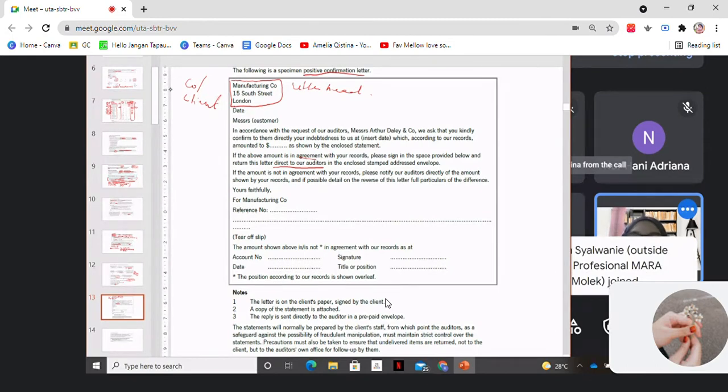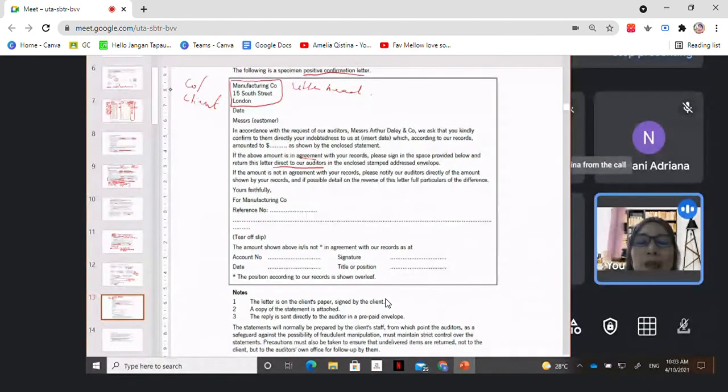If the amount is not in agreement with your record, that is disagreement, please notify our auditors directly of the amount shown by your records, and if possible, give details on the reverse of this letter, with full particulars of the difference. This is the client's signature and reference number. This is the enclosed part that the client needs to reply.